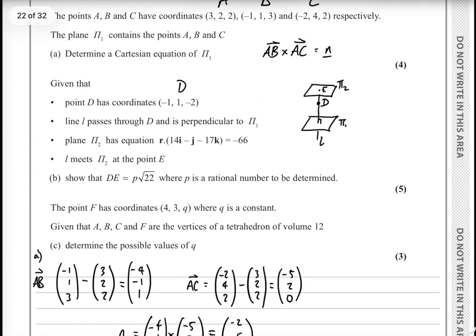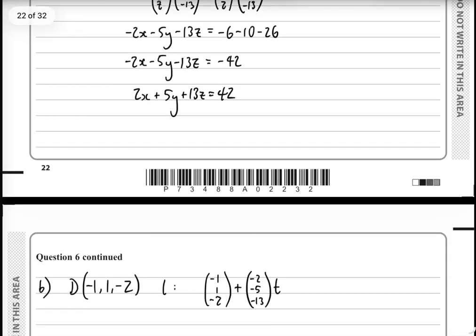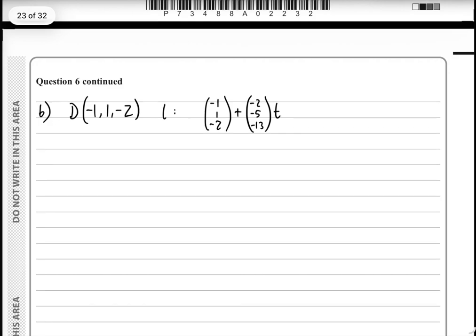So that's an equation for line L. Now I want to know where does that meet plane pi 2. So I'm going to put that line equation into a general point form and put it in here into this plane equation and find the parameter t that gets me minus 66. So I'll put that on the side so I don't have to keep going up and down.